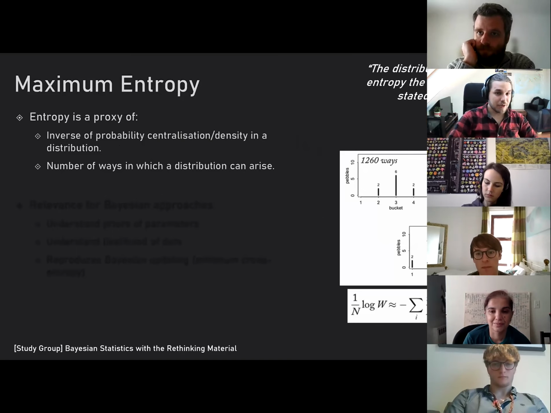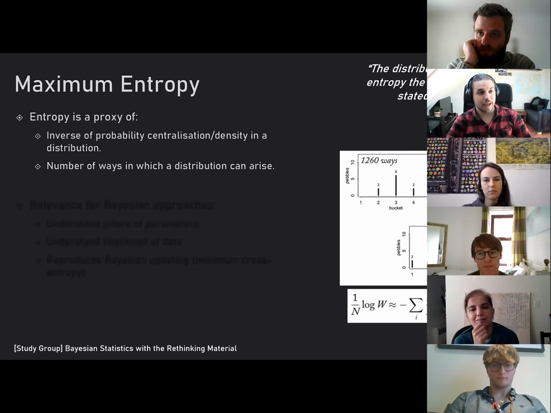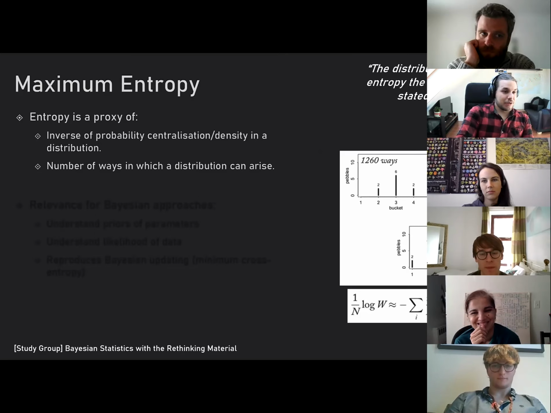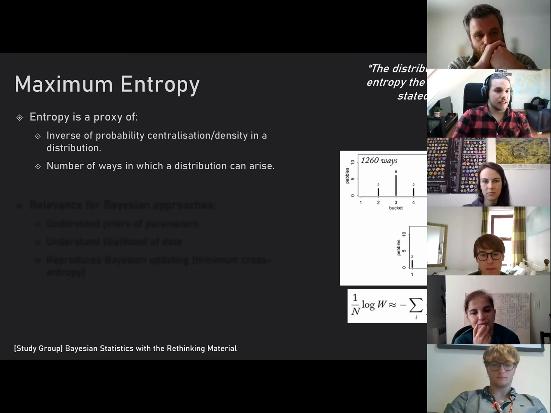So maximum entropy. What is it aside from the butt of a joke that everyone with a high school physics education makes? Maximum entropy all comes down to what a certain probability function looks like. Entropy itself, not even maximum, just entropy, is an inverse proxy of the probability centralization or density in a distribution.